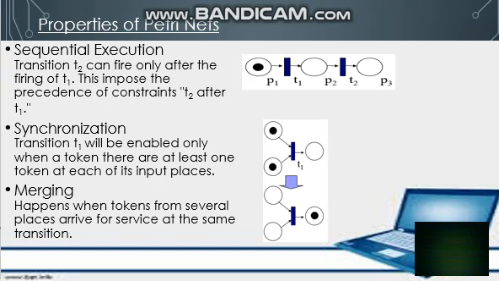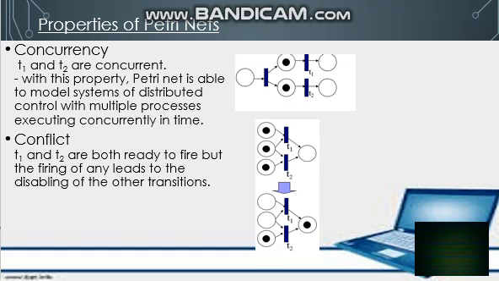And for concurrency, transition 1 and transition 2 are concurrent. So the Petri net here is able to model a system of distributed control with multiple processes. Lastly, for the properties of Petri nets, we have the conflict.